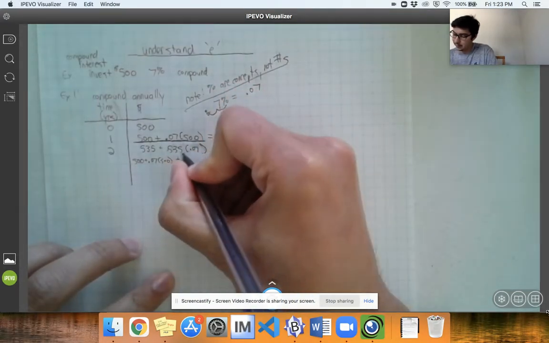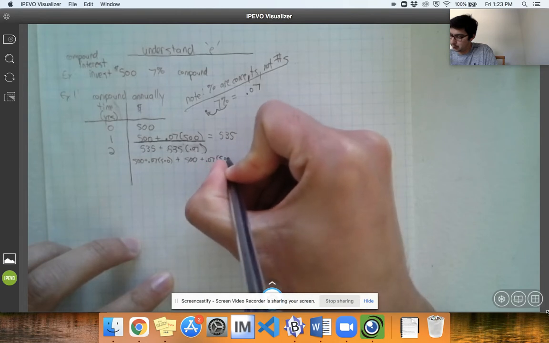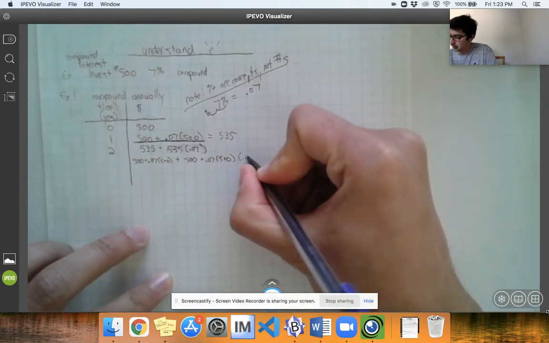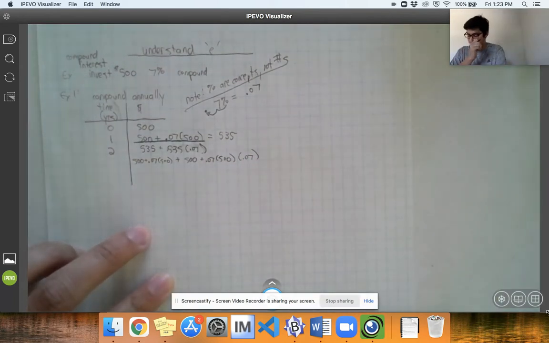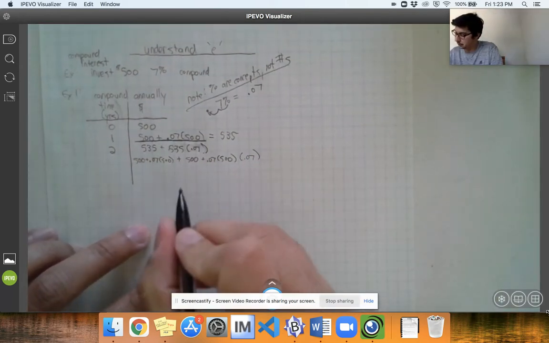So then that 535, I can substitute in 500 plus 0.07 times 500 times 0.07. Now this looks really messy. And maybe I missed a step, but I will clear that up right now.